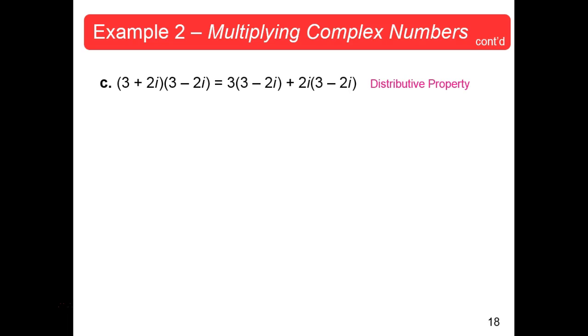Here, if you multiply a complex number by its conjugate, you get a real number every time. Because these two cancel out, add to 0, and these two are going to be real numbers. And it's always positive, by the way.